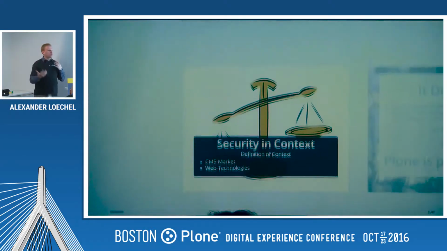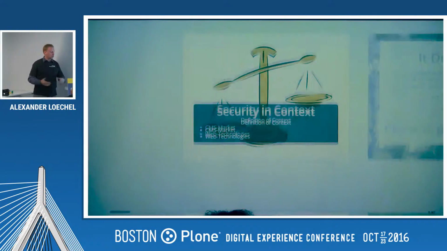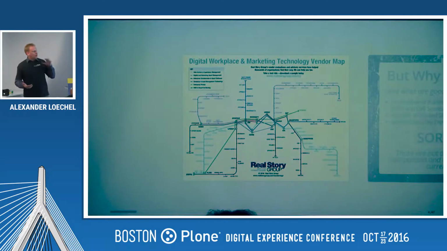But if we're speaking in context, we should compare to others, because saying one system is secure without any context to others doesn't make any sense. So what is the CMS market? I normally like the Real Story vendor map. It shows a lot of the competitors on the market.